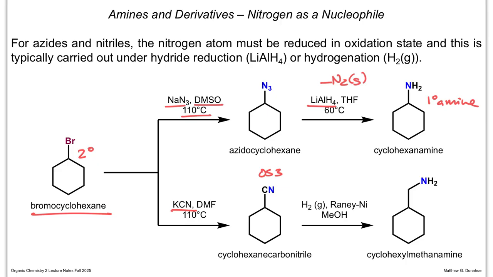And so we can reduce that with hydrogen gas, an active form of nickel metal, and we still end up with a primary amine, but look at the difference between the top and the bottom. These two molecules are a series, and they're called homologs. So the primary amines here are basically separated by that CH2 group. That's called a homologous series.